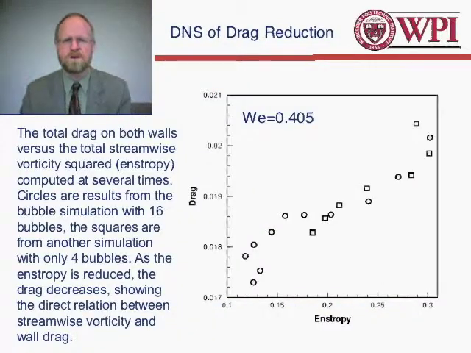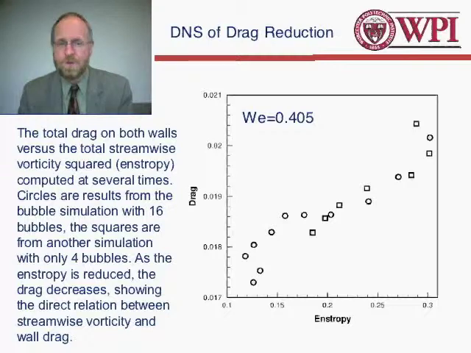The plot of the streamwise vorticity in the last slide obviously suggests that there's a strong relationship between the streamwise vorticity and the wall drag. To examine that a little bit closer for the case of the most deformable bubbles, where we see strong drag reduction, in this slide we plot the enstrophy, the vorticity squared, integrated over the total channel, versus the reduction in drag.